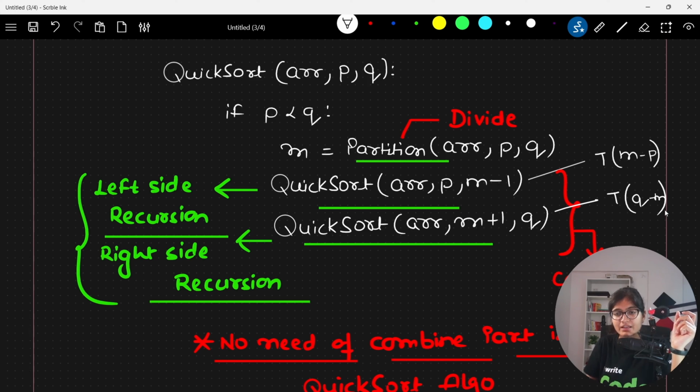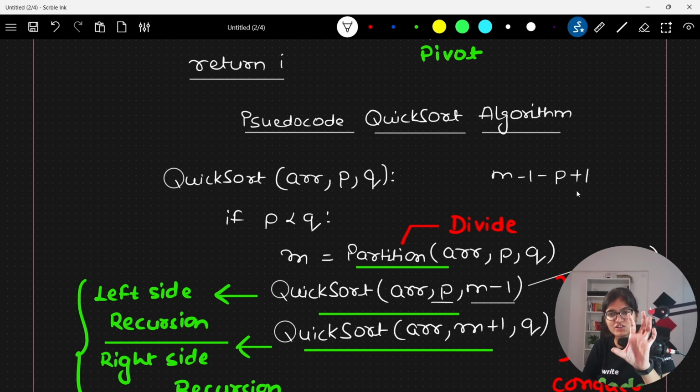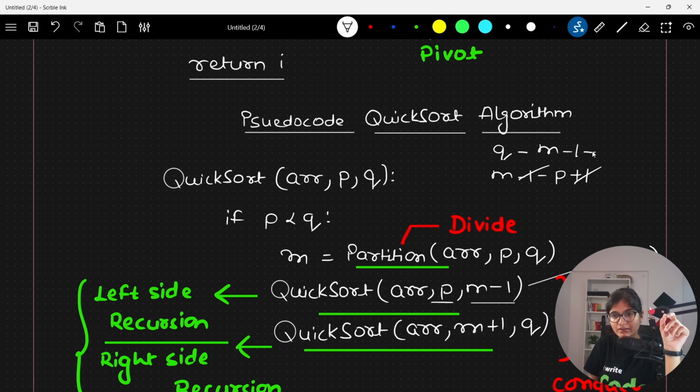Can I say? So that's what you need to understand here. What was the formula to calculate the number of elements? Just a few minutes back, I talked about it: the higher index minus the lower index plus 1. So m minus 1 minus p plus 1 will be m minus p. Higher index is q, minus lower index m minus 1, plus 1, which equals q minus m.